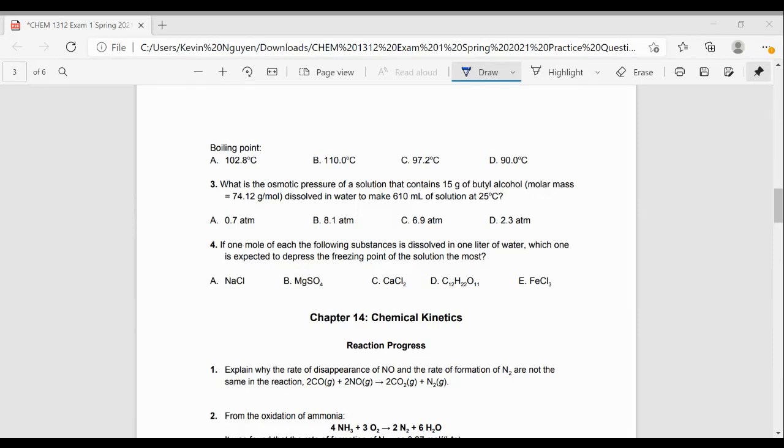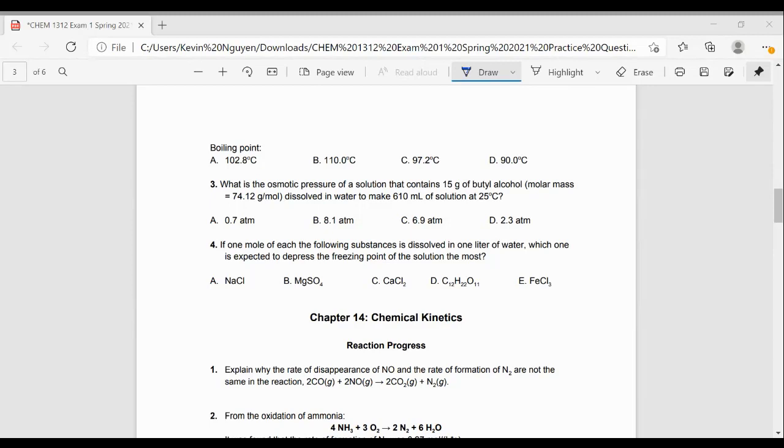Okay, so it says here that if 1 mole of each of the following substances is dissolved in 1 liter of water, which one is expected to depress the freezing point of the solution the most? Okay, so let's think about the formula for our freezing point depression.